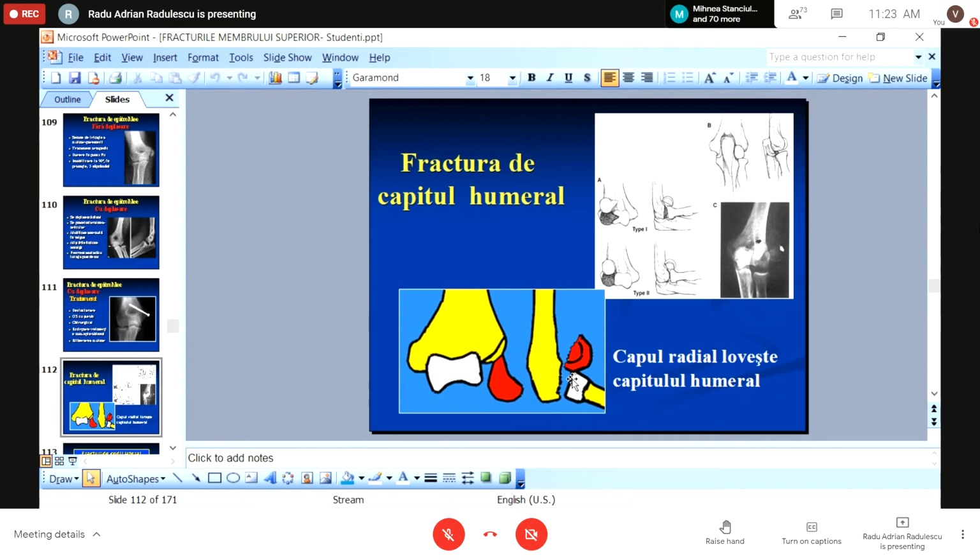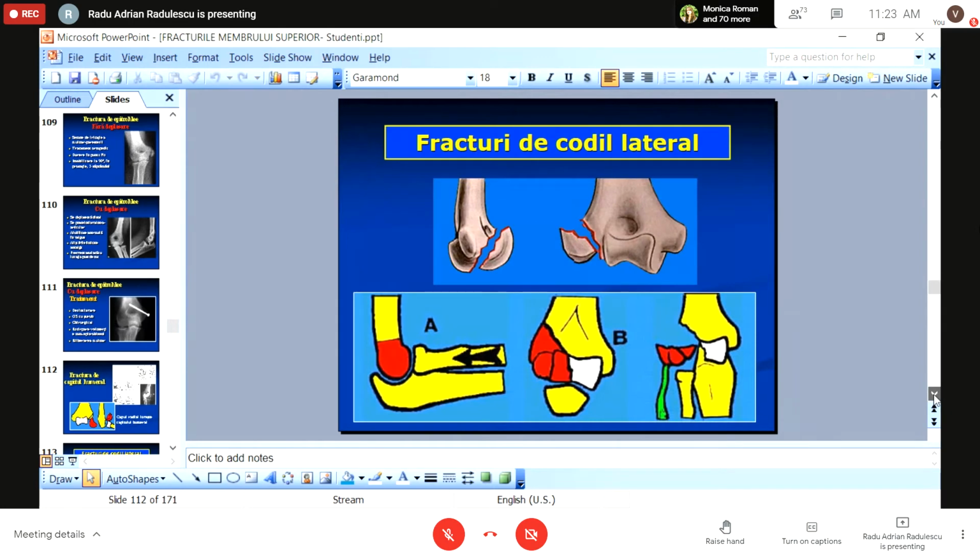And sometimes by the same mechanism of falling on the hand with the elbow in hyperextension, we may get a fracture of this fragment. It's also an articular fracture, and the capitulum may become like a loose body inside the elbow joint.